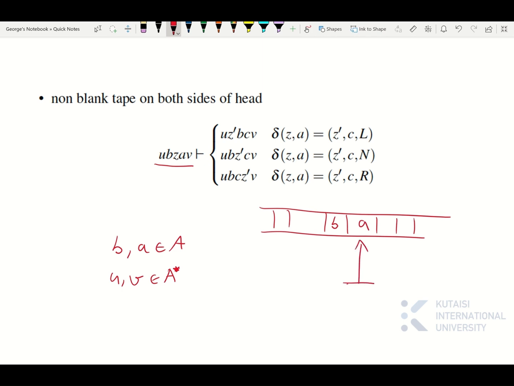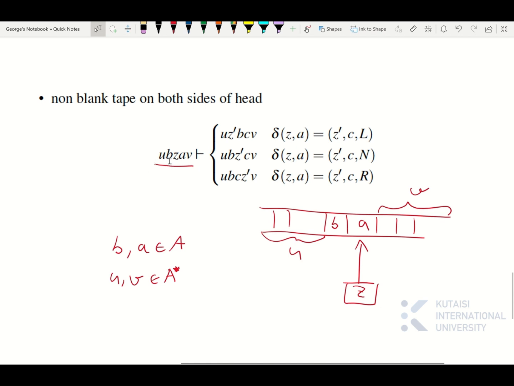You have something in state Z, and then everything here is written as V, and everything here is written as U. So you have U, then a single letter B, then you're in state Z, and then A. You get the point, right? This is just a shorthand for this picture.